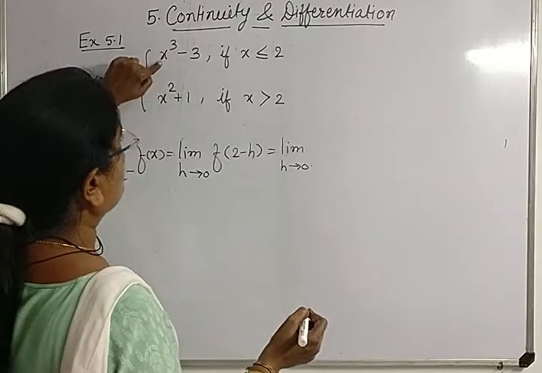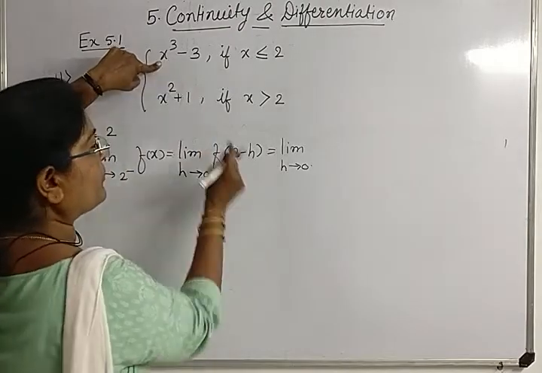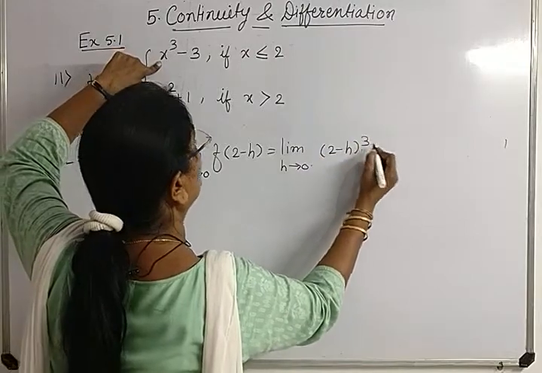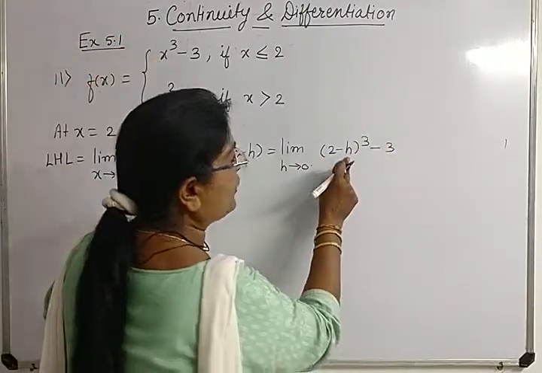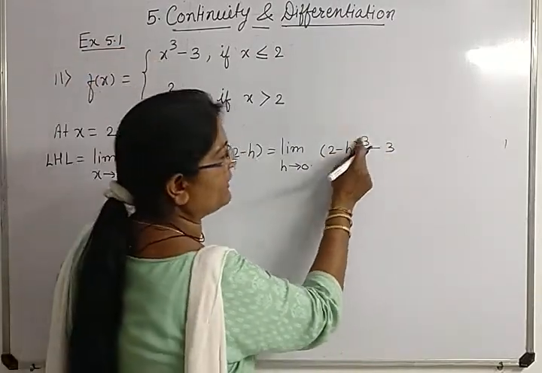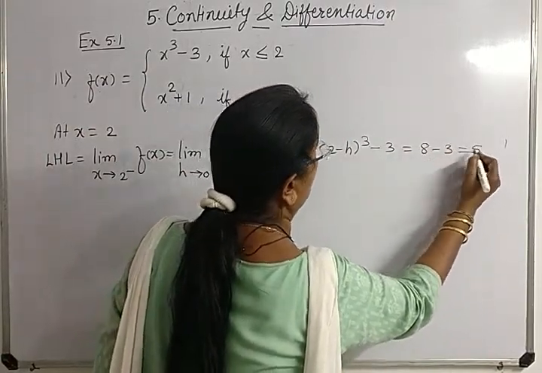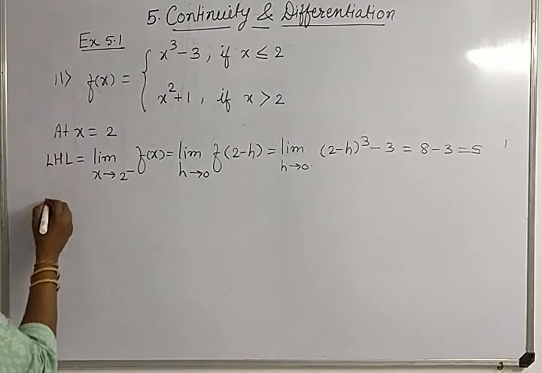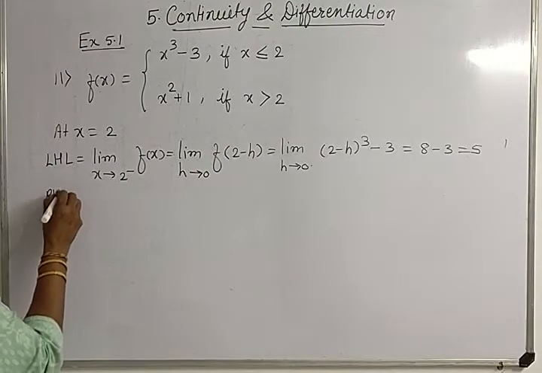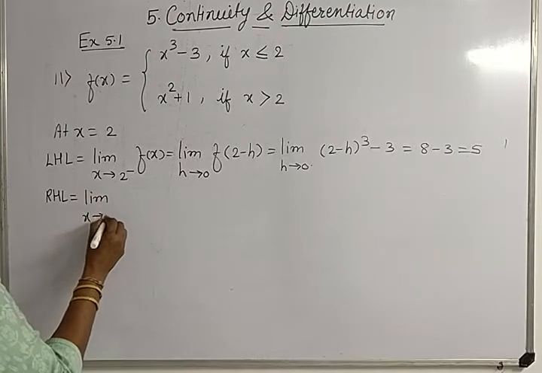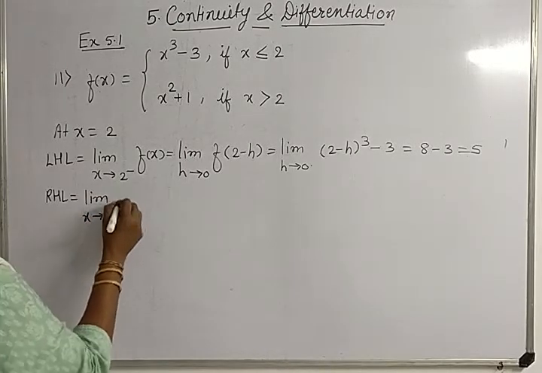For left hand limit the function is this one, so instead of this x we will put the value 2 minus h, that is 2 minus h the whole cube minus 3. The value of h is 0, so 2 cube is 8, 8 minus 3 is 5. Its answer is 5.